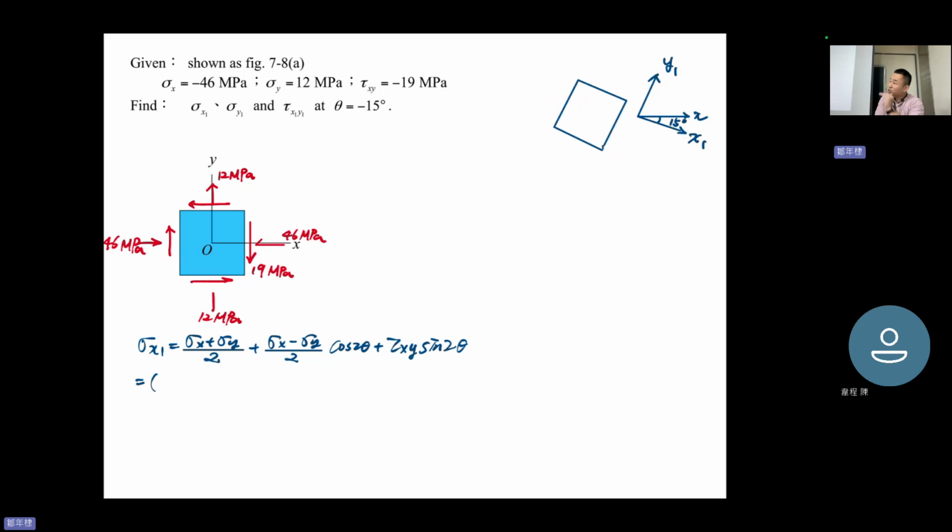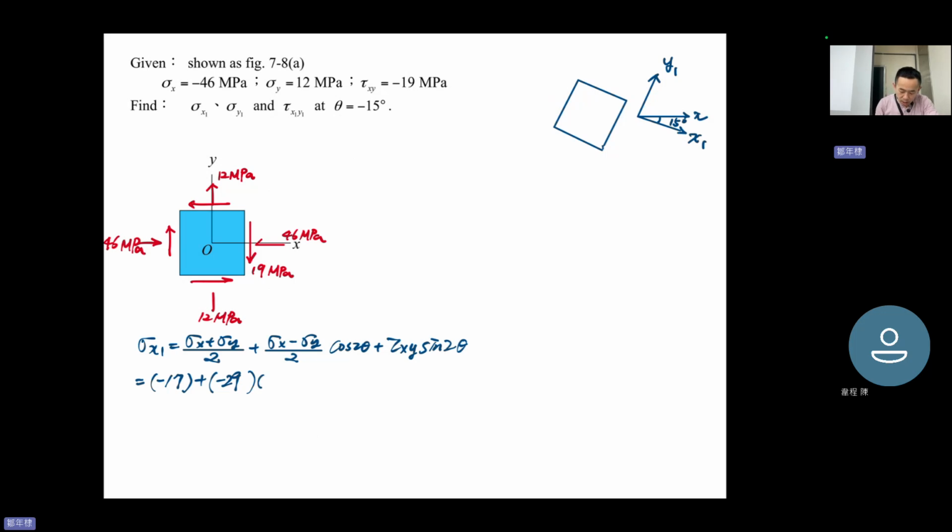Minus 46 plus 12 divided by 2 is minus 17. So you need to be careful. The plus sign and minus sign still be important. You need to take into the consideration. And then minus 46 minus 12 divided by 2. So it will be even greater. Okay?